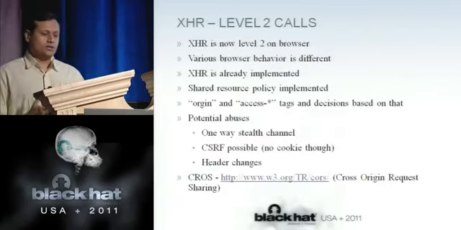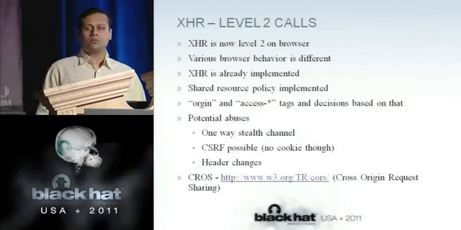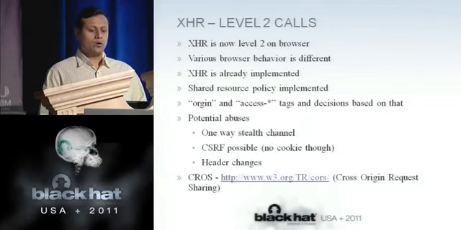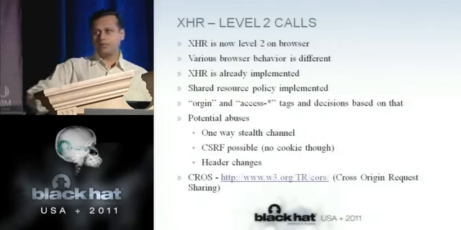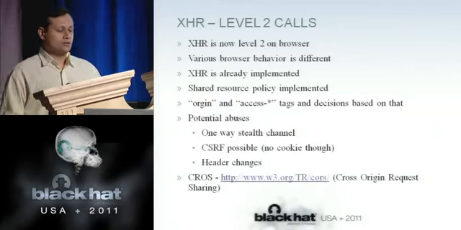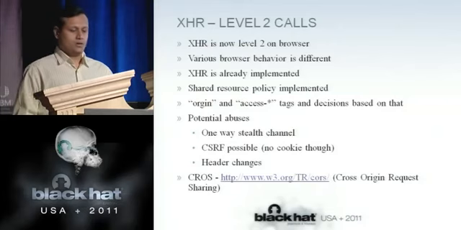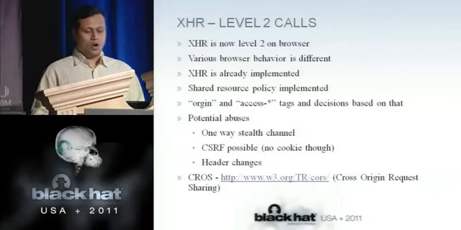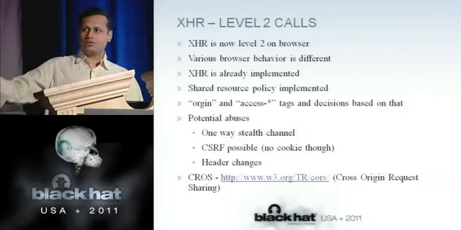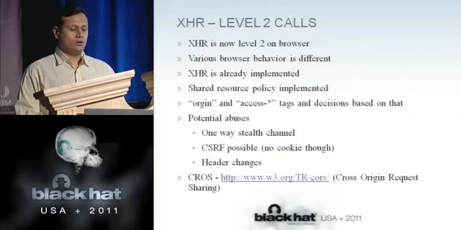XHR level 2 calls are now implemented in all the browsers. Essentially, what this call does is, when it makes a cross-domain call, it passes on another HTTP header, which is called the Origin header. The Origin header, along with some of the access headers, decides whether to process your call or reject it.